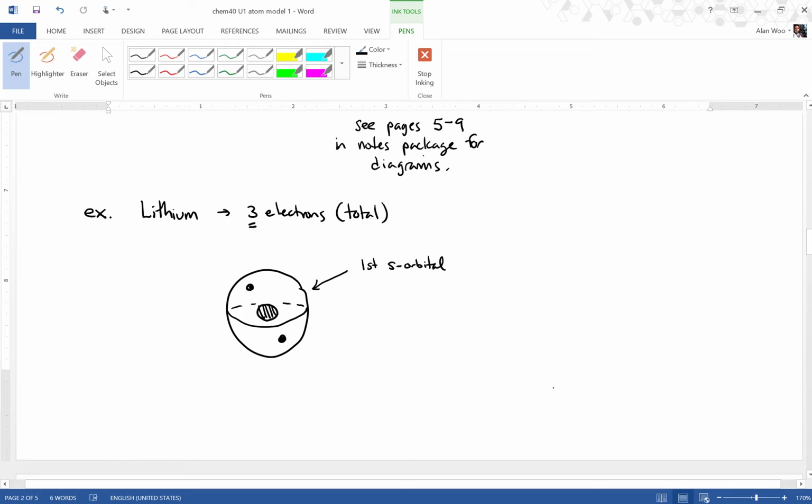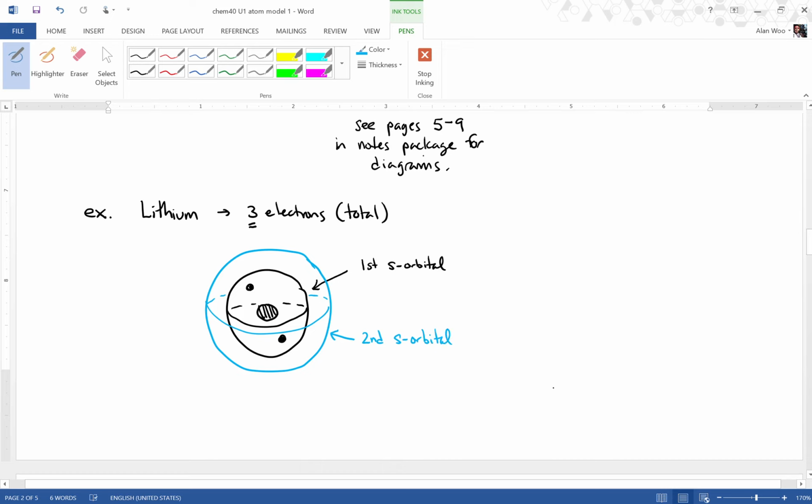Lithium has 3. But I cannot put a third electron in the s orbital. It doesn't fit. The s orbital is already full because it can only hold 2. So instead, I need a second s orbital. So this is my second s orbital.